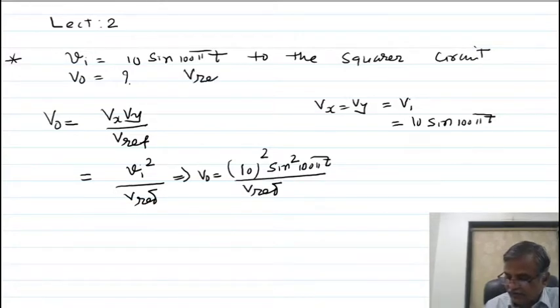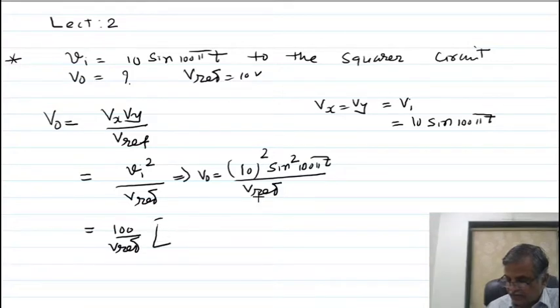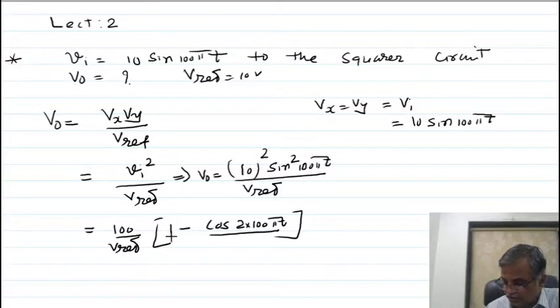Take V reference equal to 10 volt. See here, this is 100 upon V reference, and sine square omega t is 1 minus cos 2 omega t by 2.